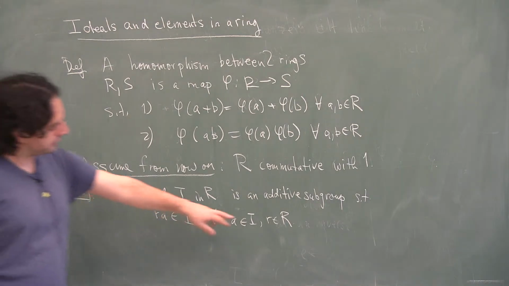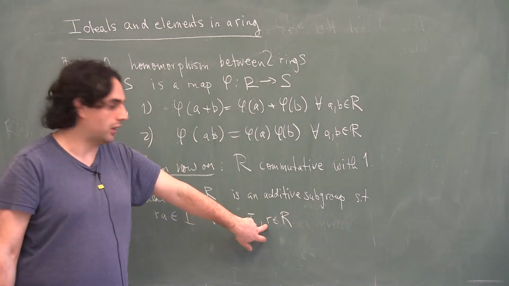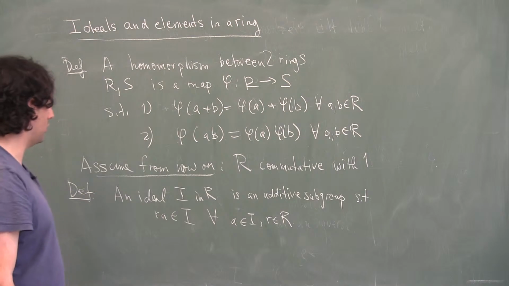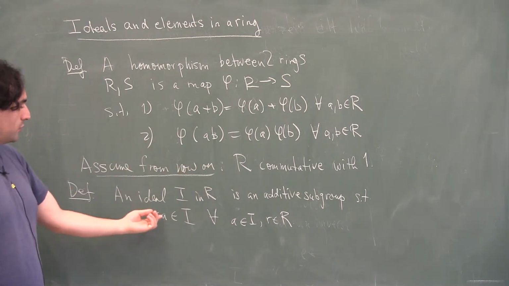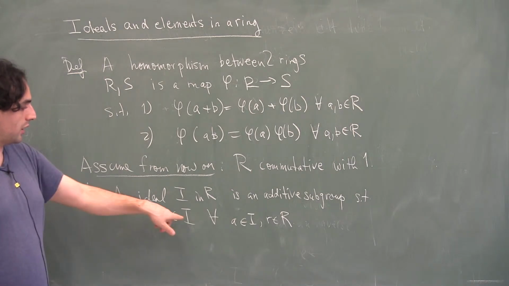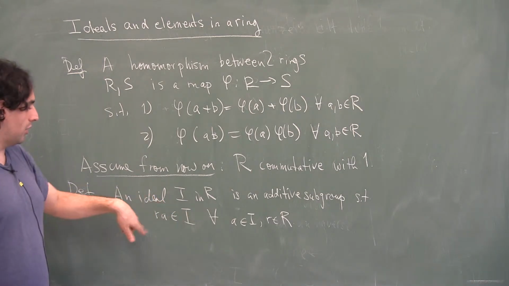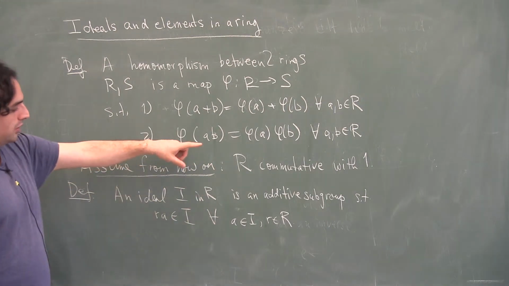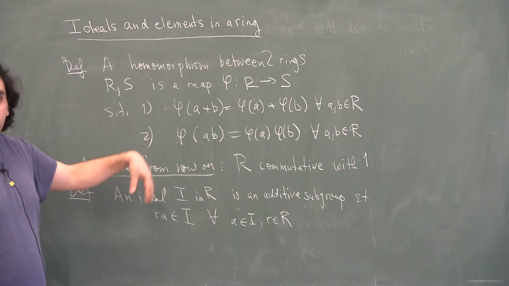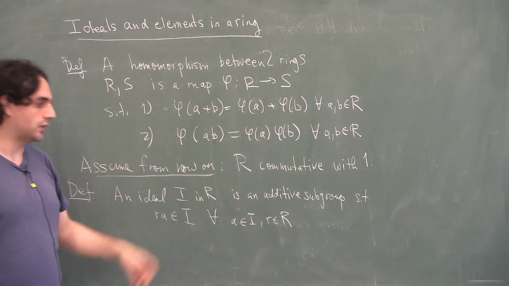Because I'm allowing to multiply by all elements of R on the left. Notice that I've assumed that R is commutative. So at this point, this also means that we are allowed to multiply by all elements of R on the right. In non-commutative rings, one then separates between left, right ideals and two-sided ideals.